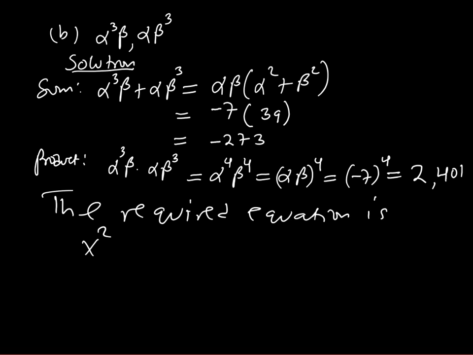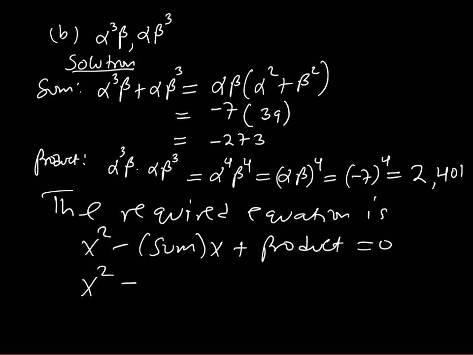is x squared minus sum into x plus product equals to 0. So this is x squared minus 273 into x plus 2401 will be equal to 0.